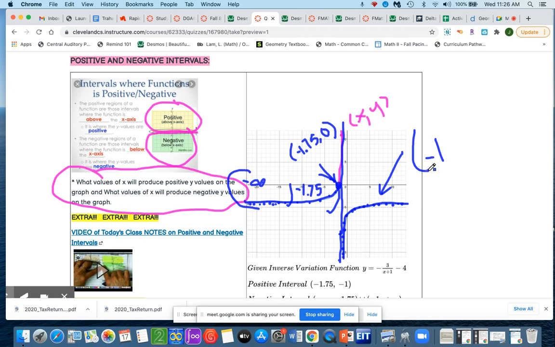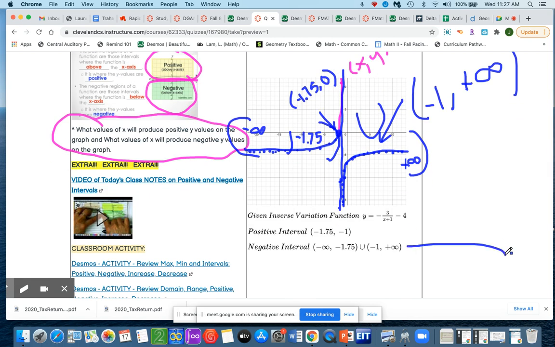So starting at -1, but not including -1, that's why I have a parenthesis right here, because -1, the asymptote, is not a part of the domain, all the way to the end, which it doesn't end, at positive infinity for the x values, make up the negative interval. And then since you have two answers here, you have this piece on the left and you have this piece on the right, you use that little U. And that's what this is right here. That's what that answer is right there.